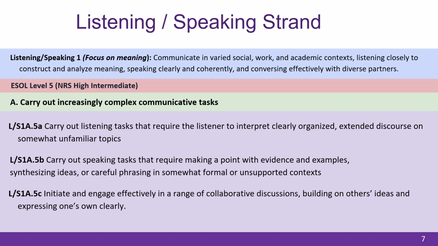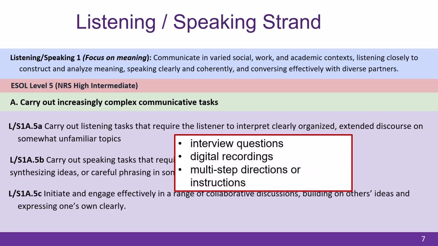In this example, we're looking at the listening and speaking strand. Standard 1, focus on meaning. Level 5, high intermediate. And thread A, carrying out increasingly complex communicative tasks. The first benchmark focuses on listening skills, and at this level would include tasks that might not be so familiar to learners, such as interview questions, digital recordings, or multi-step directions or instructions.